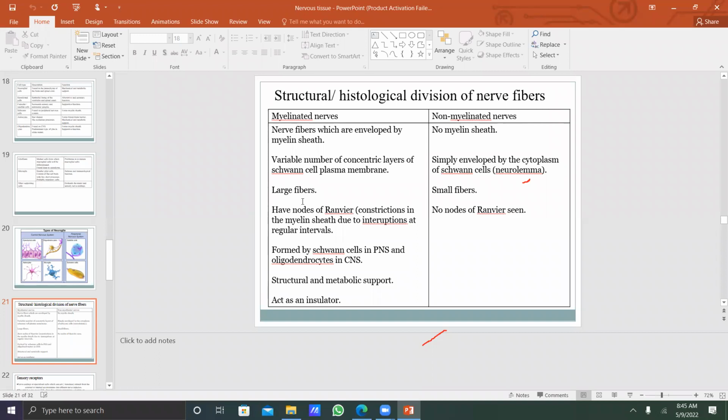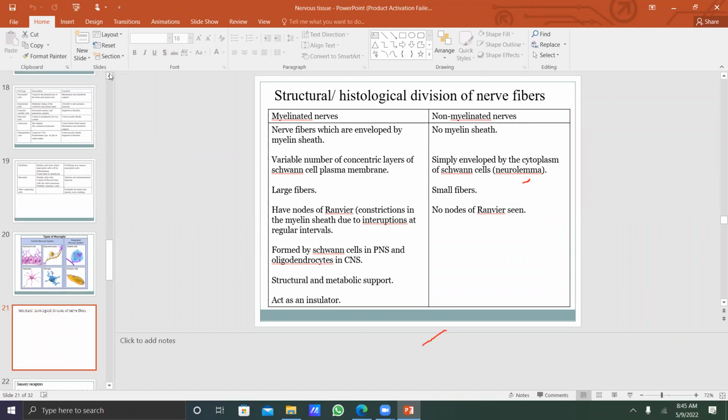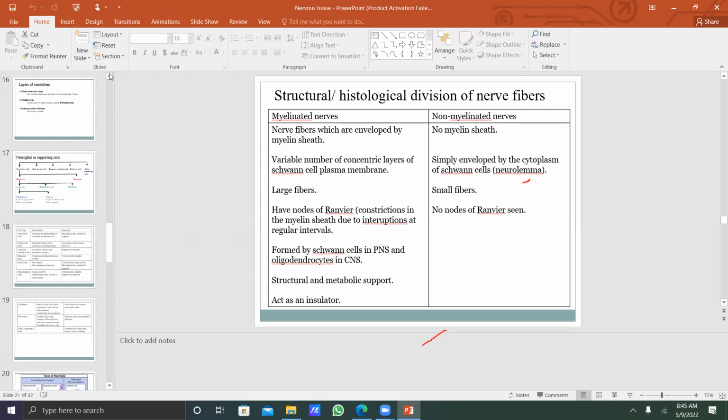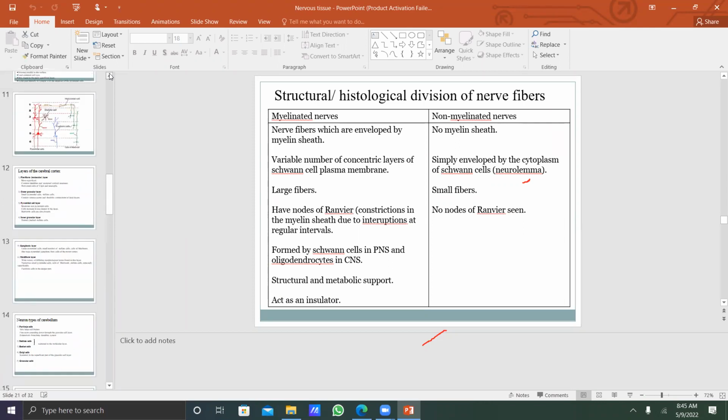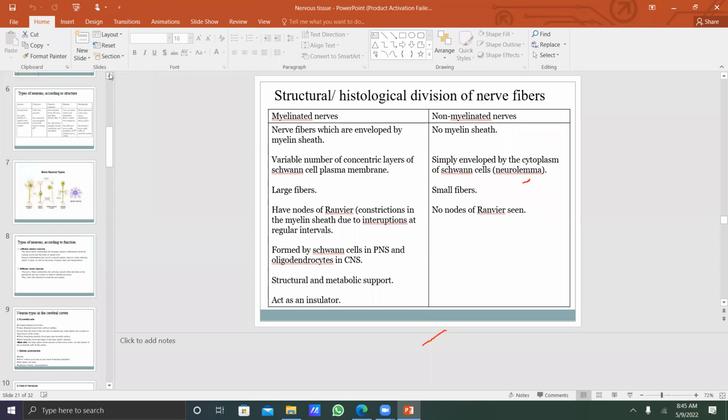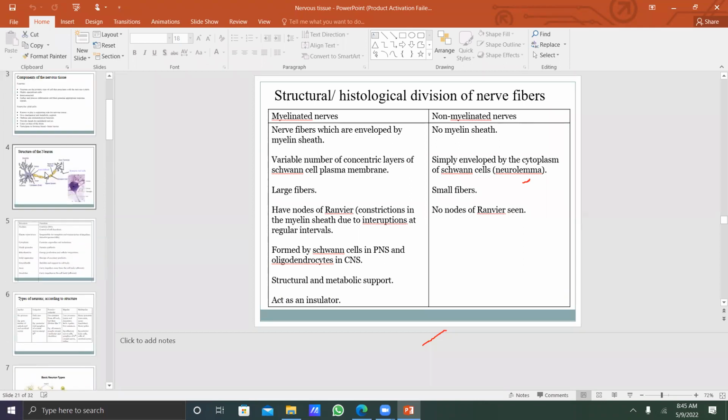In myelinated nerves, there are Ranvier nodes in between the Schwann cell layers. They are the constrictions in the myelin sheath due to interruptions at regular levels. In the non-myelinated fibers, there are no Ranvier nodes.